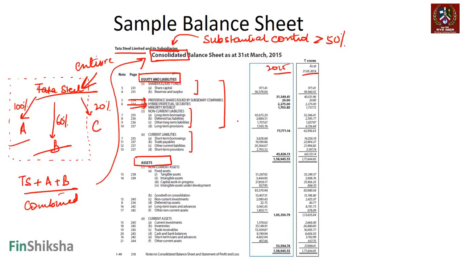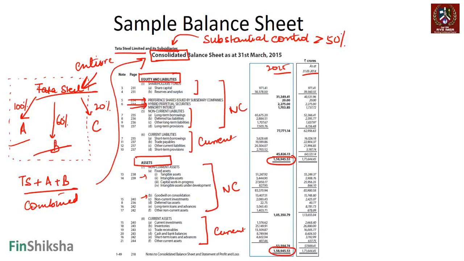But all this is basically non-current. This is current, right? Similarly, all this is non-current assets. You have fixed assets, you have goodwill, and some other assets. We'll discuss them separately. And this portion is current assets. You will see that the total of all your liabilities is going to equal the total of your assets at any given point of time.